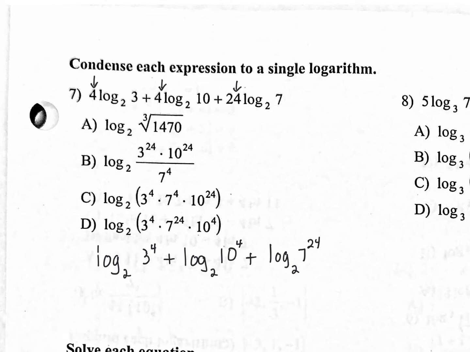And since we're adding and we want to make it into a single log, all you have to do is use the product property and multiply. So we have log base 2, and we have 3 to the 4th times 10 to the 4th times 7 to the 24th. So your answer to this problem, or the correct expression, is D.